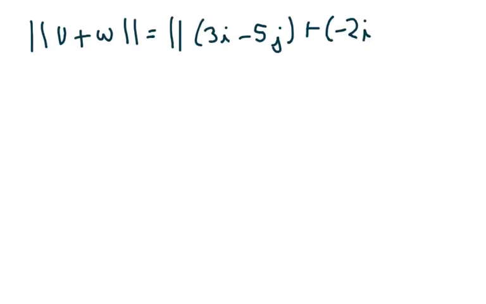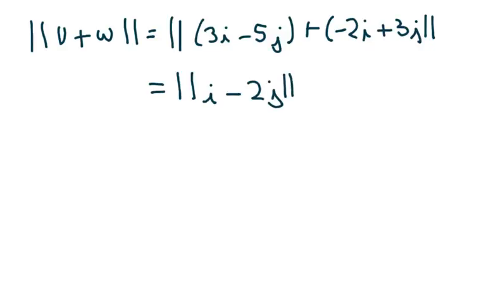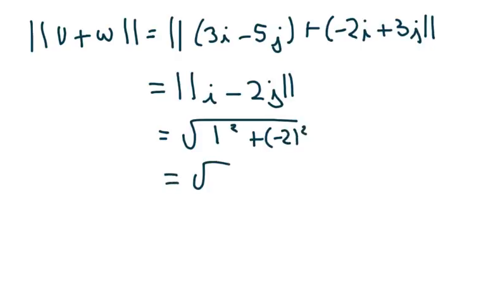You just combine them like we did earlier, and that's going to give us i minus 2j, and this equals the square root of 1 squared plus negative 2 squared, which equals the square root of 5.